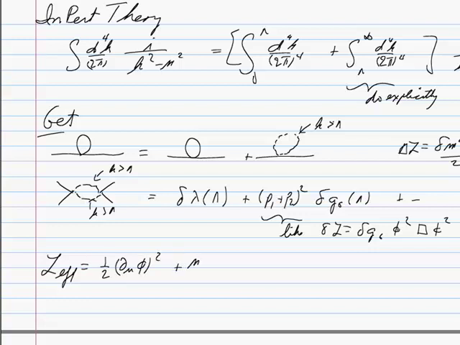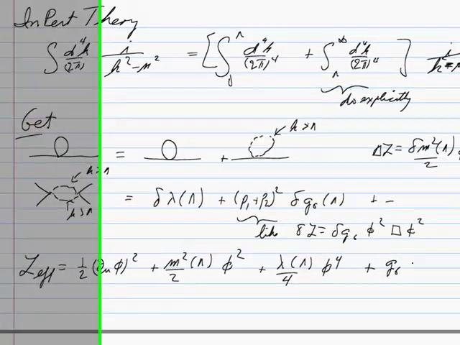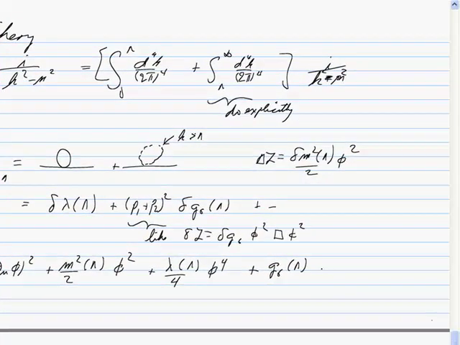There'd be plus m squared, which would depend on lambda, over 2 phi squared, and there'd be a lambda, which would depend on capital lambda, over 4 phi to the 4th, and there'd now be G6, which would depend on lambda, phi squared box phi squared plus dot dot dot.